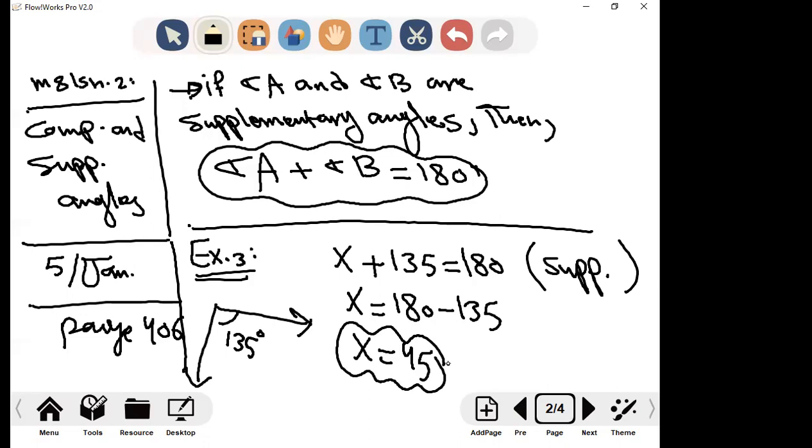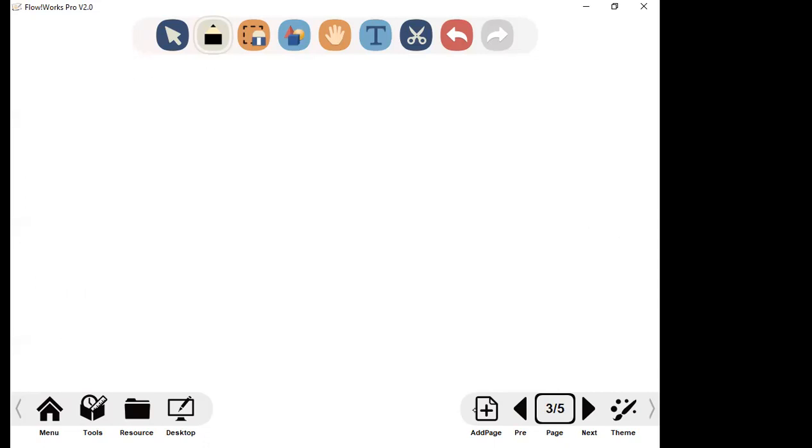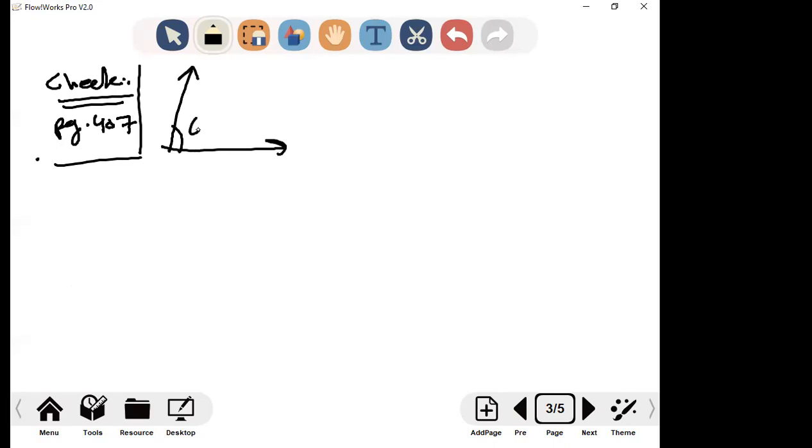We have checked after this example, page 407. Let's do it together. Check page 407. We have this given angle 67 degree, right? And the question said, what is the angle that is supplementary to the given angle 67?